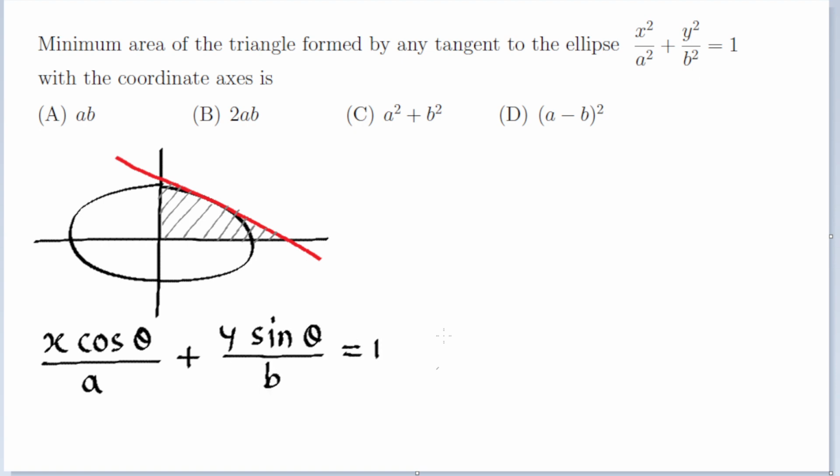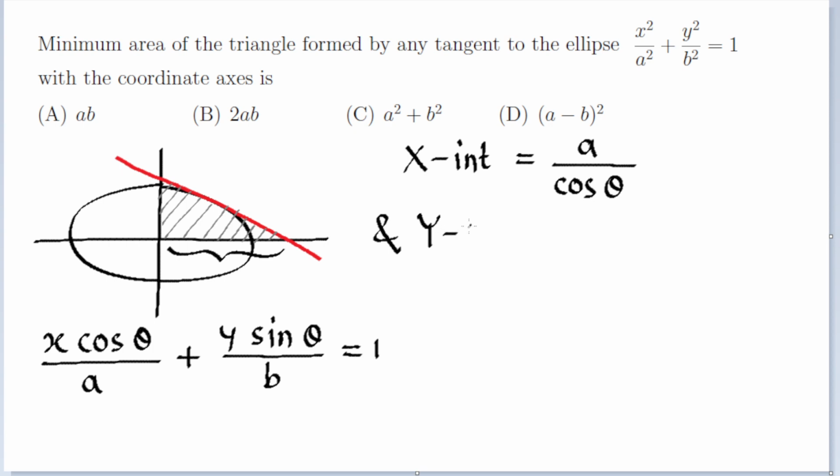By putting y equal to 0, we will get the x intercept of the tangent, which is the horizontal side of the triangle, and we will get x intercept as a divided by cos theta. Similarly we will also get y intercept as b divided by sin theta. The y intercept is the vertical side, and observe that both are perpendicular to each other.